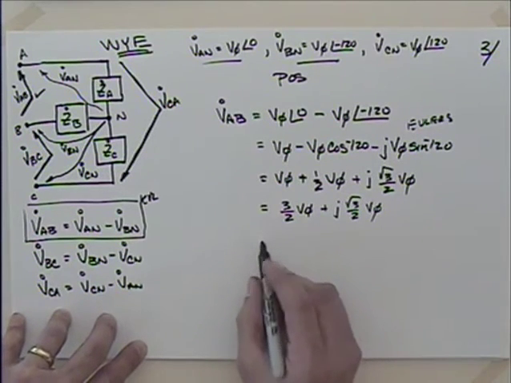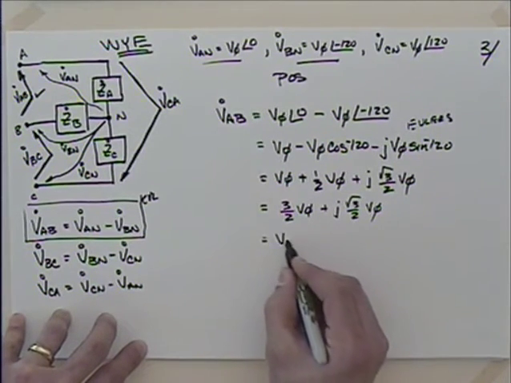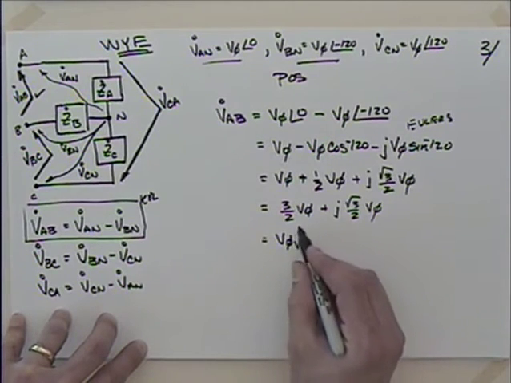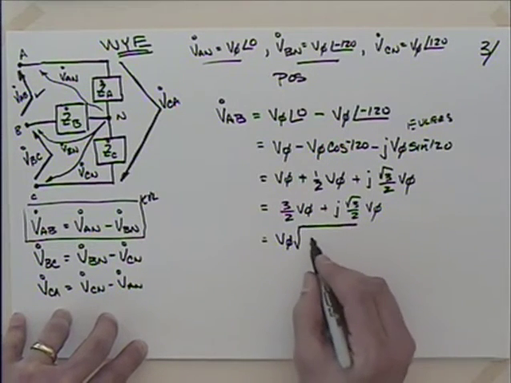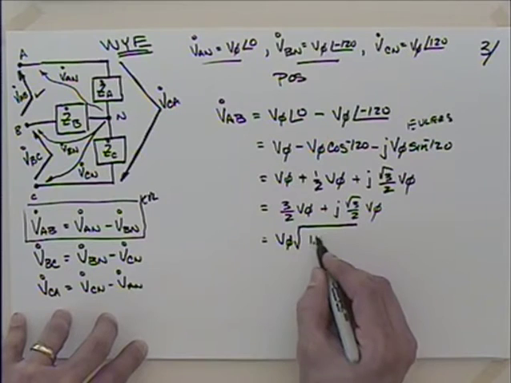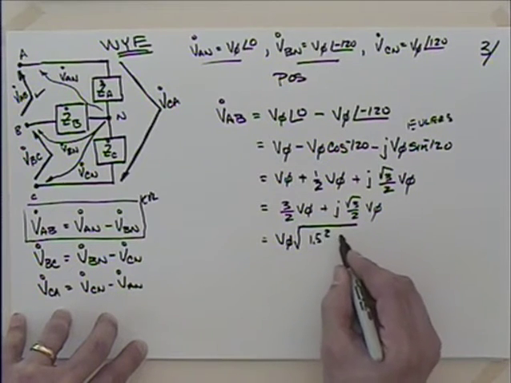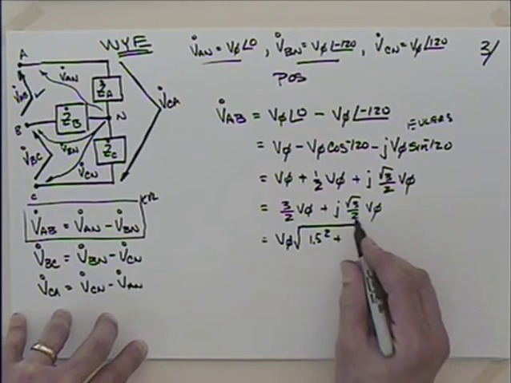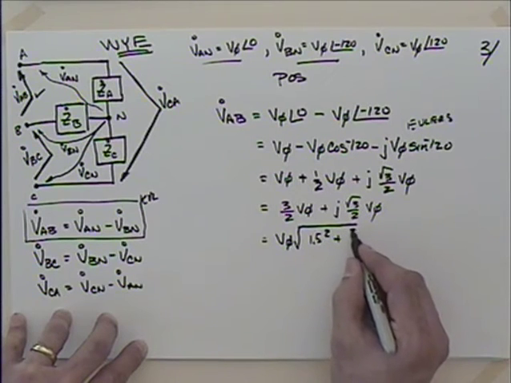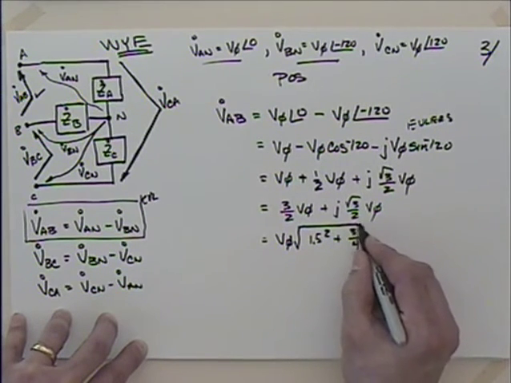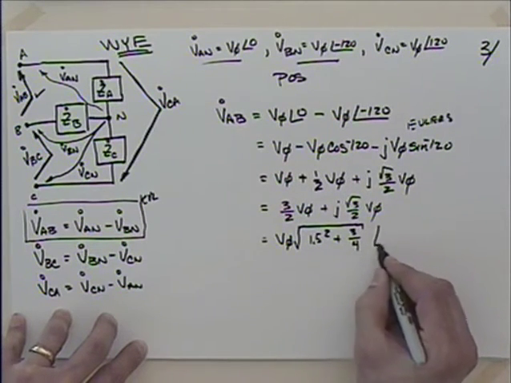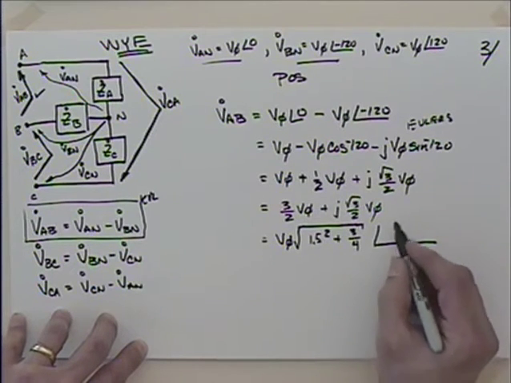I could say that this was equal to V phi times the square root of 3 halves squared, 1.5 squared, plus root 3 squared is just going to be 3 and 2 squared is 4, at the angle of, what's the angle?